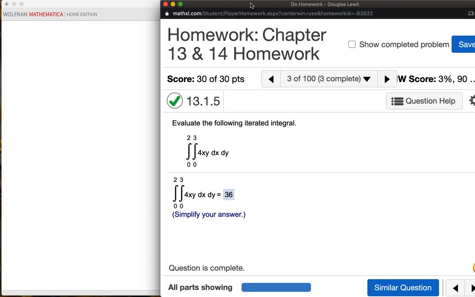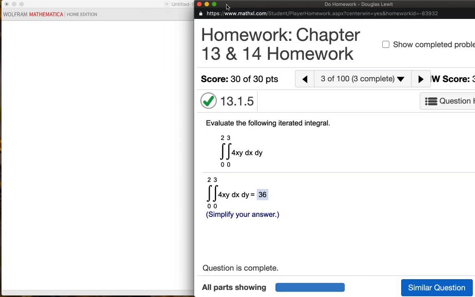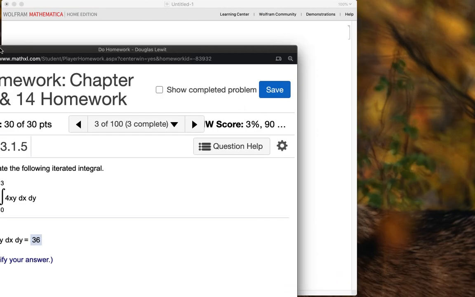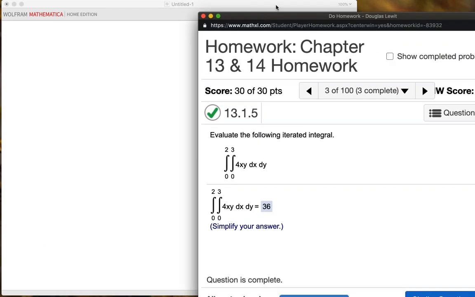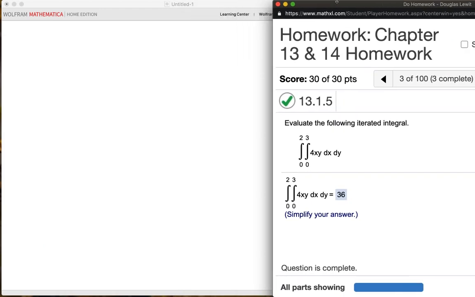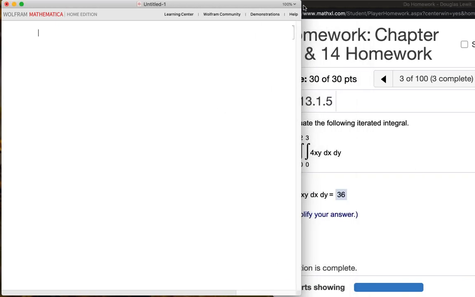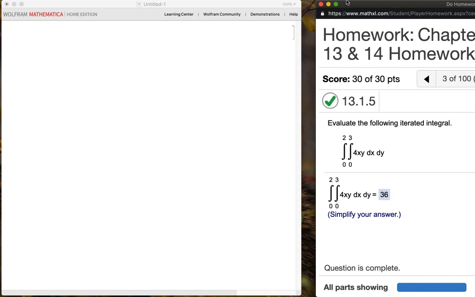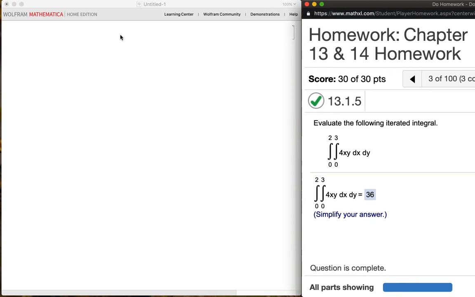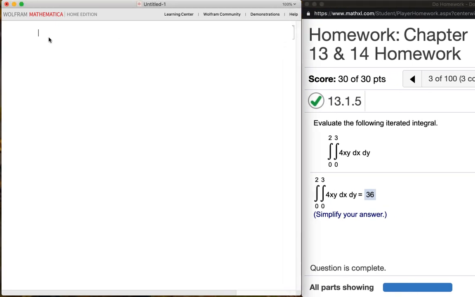How would you do this in Mathematica? How would I do this in Mathematica?